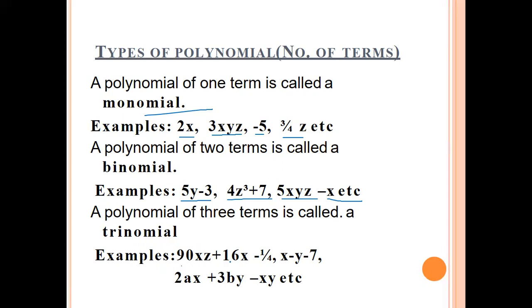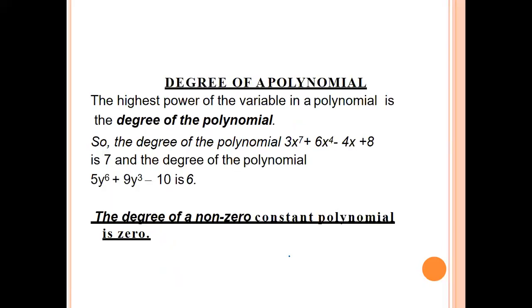Example: 90xz plus 16x minus 1 upon 4. These are the three terms in this, so these are trinomials. x minus y minus 7 is also a trinomial.